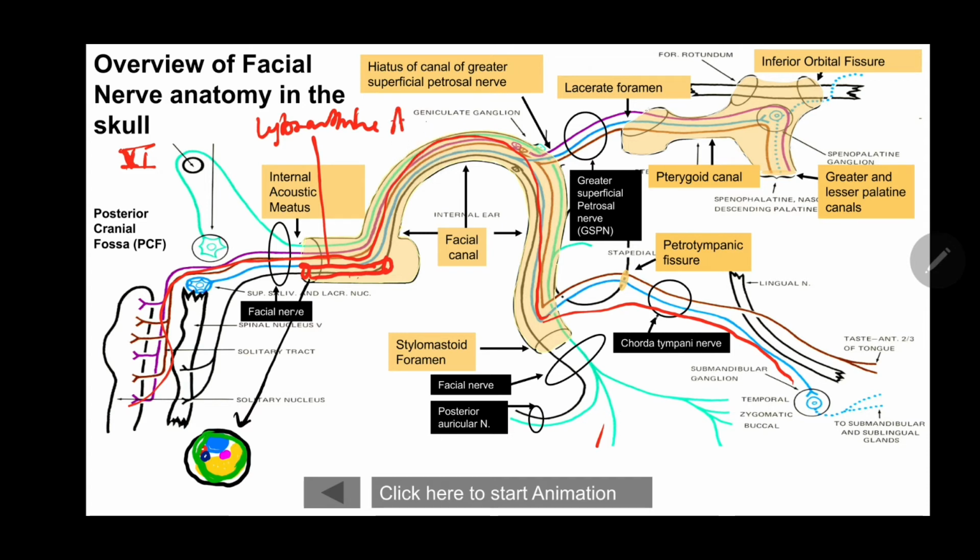So the labyrinthine arteries, these are branches of the basilar artery. So they are perfusing the nervous structure here, and few branches from it even continue in the facial canal to perfuse the nerves here in the facial canal.